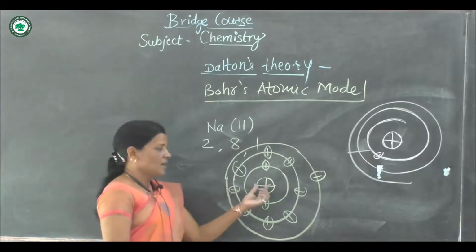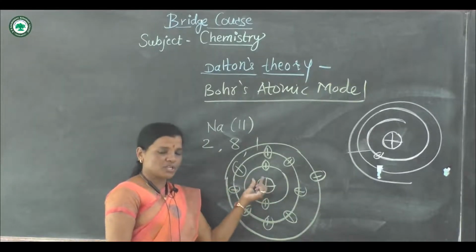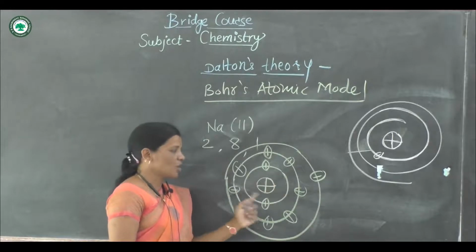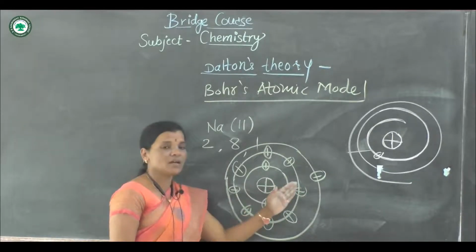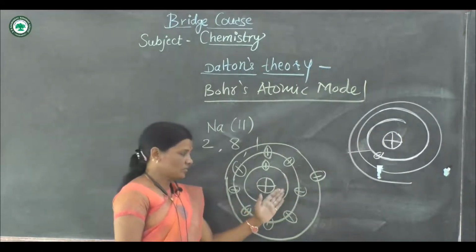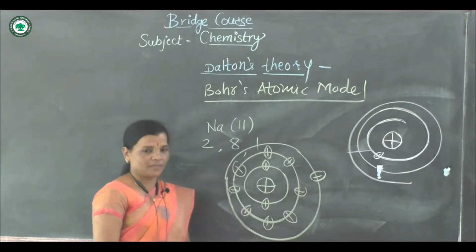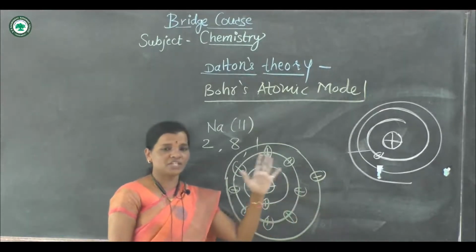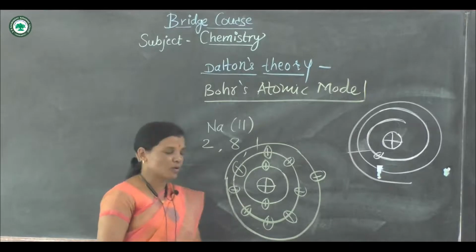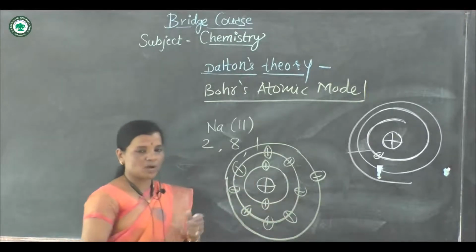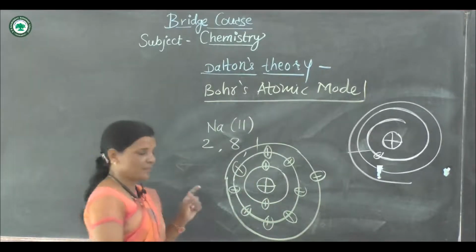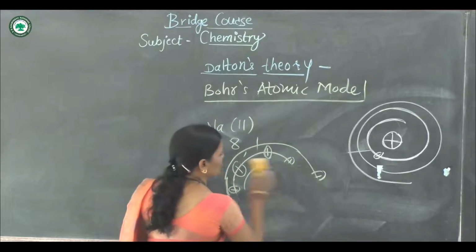At the central position the nucleus is present, and these orbits are arranged in the increasing order of energy level. We are going to see how that order increases and on which concept it depends in the next concept.